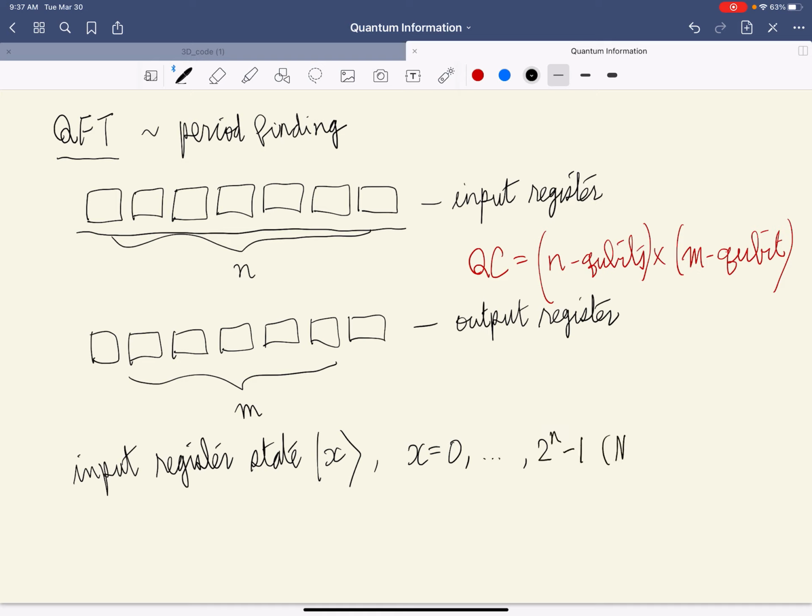And I said I will often use the capital M n to represent this exponentially large dimension of the Hilbert space of the input register. And the overall state is going to be some direct product of the input register state and the output register state.